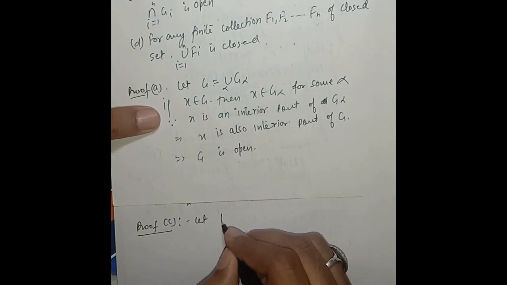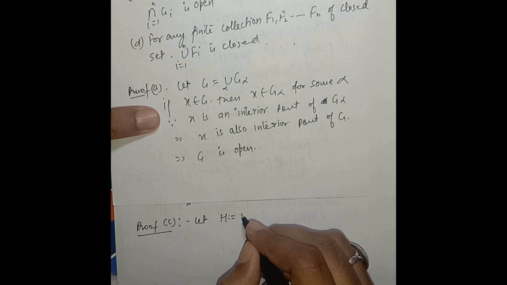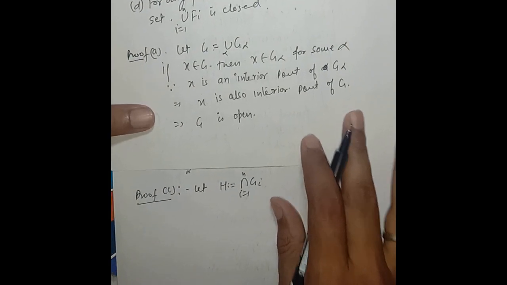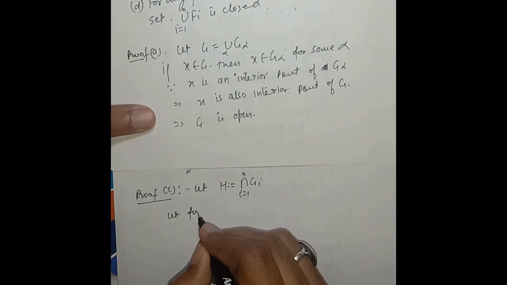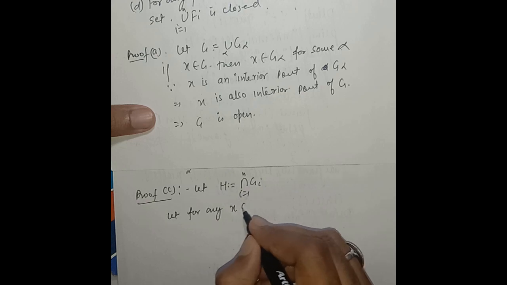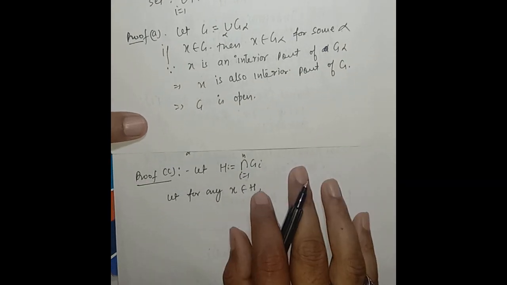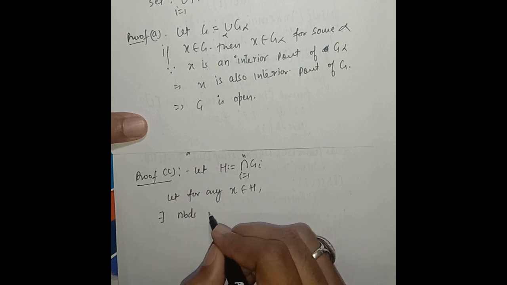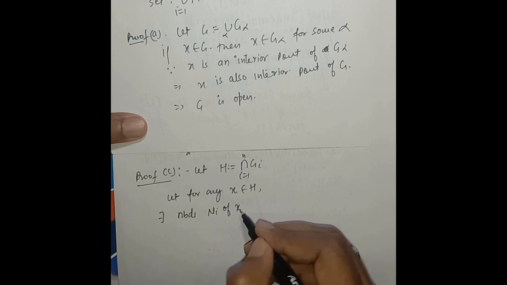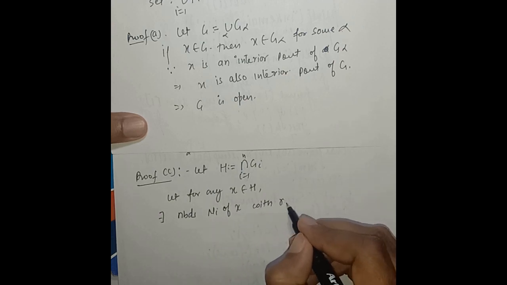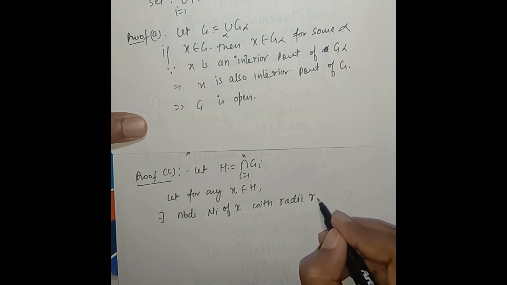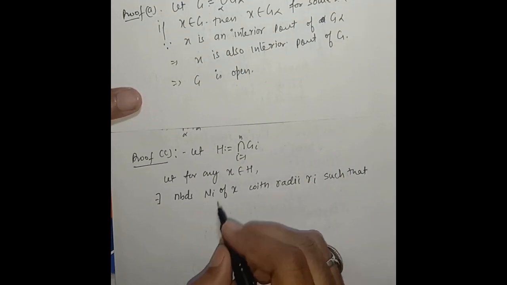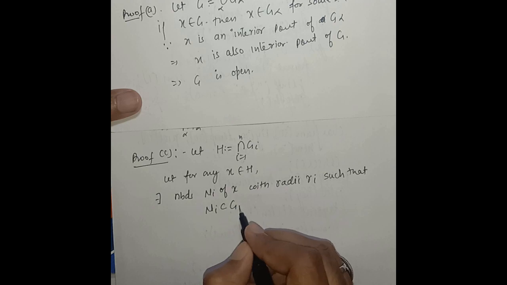Let H be the intersection of Gi, i from 1 to n, and let x belong to H. There exist neighborhoods Ni of x with radii Ri such that Ni is contained in Gi.